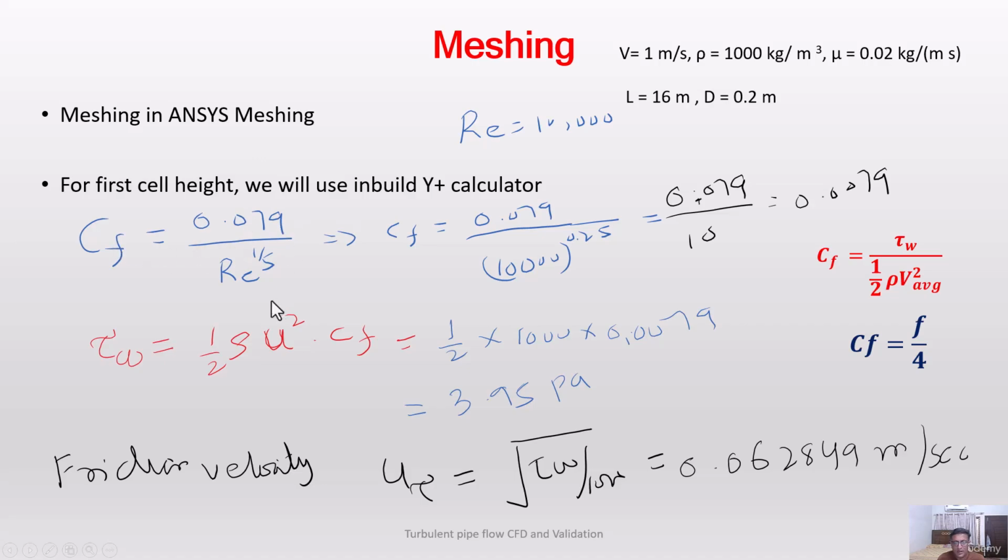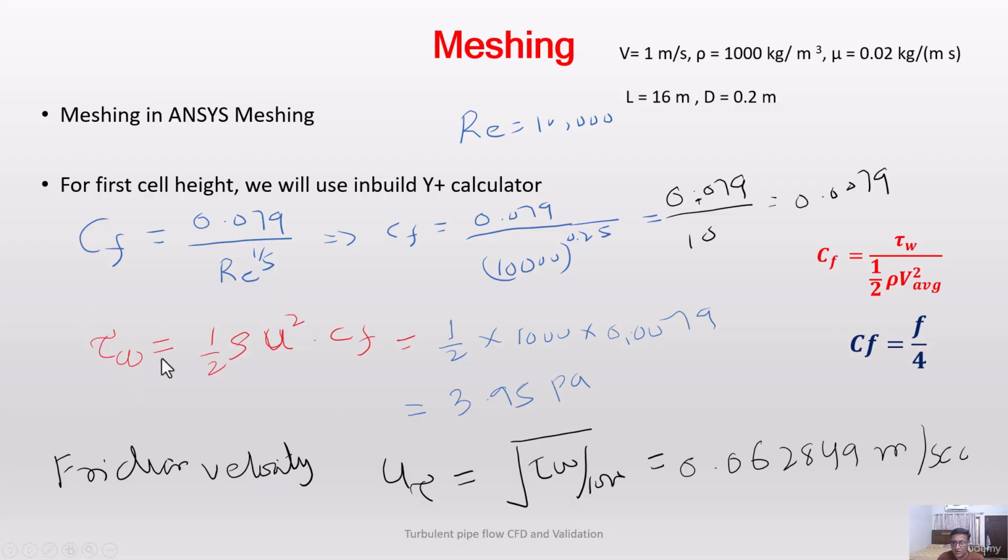From the CF I put the Reynolds number, which is equal to 10,000, and the other parameters are given here. So the CF was 0.007, and the wall shear stress divided by 1/2 rho v square is actually the CF, the coefficient of friction.